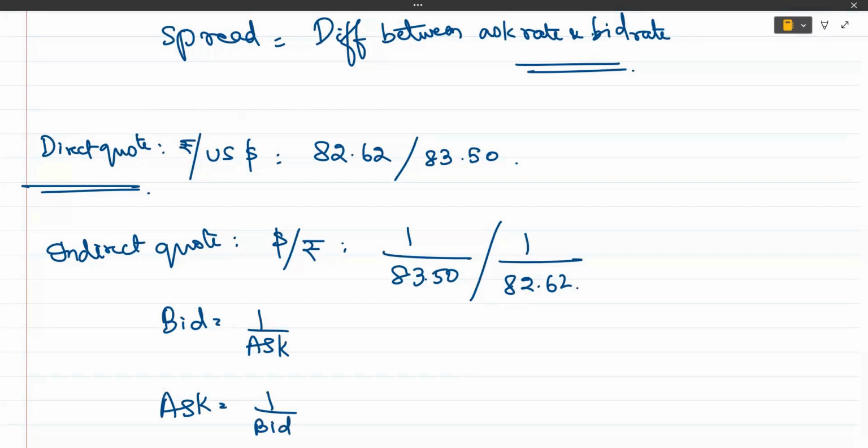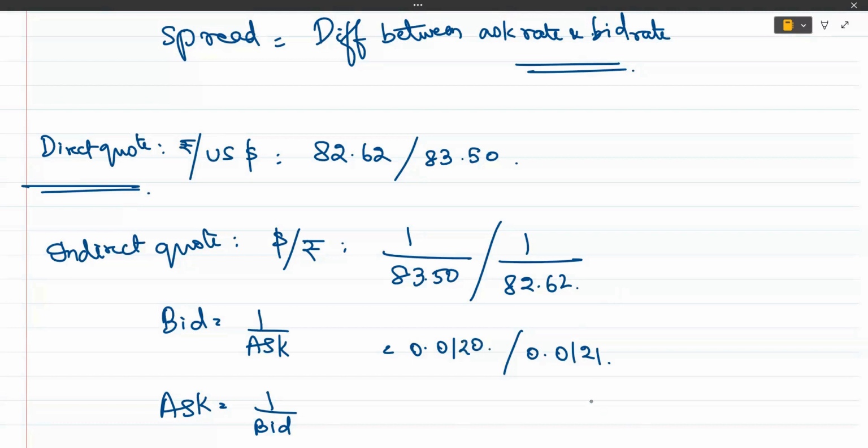Why is it done like that? 1 divided by 82.62 is 0.0121. 1 divided by 83.50 is 0.0119, 0.0120.